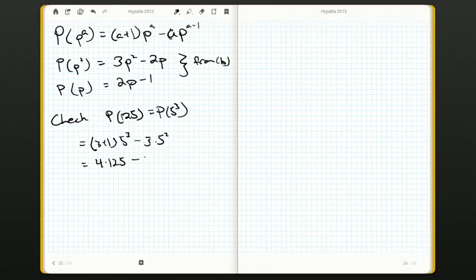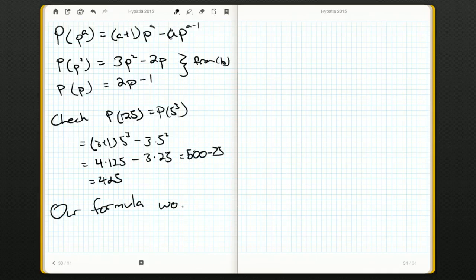Four times 125 minus 3 times 25. Well, that's going to be 500 minus 75. Wouldn't you know it? It's 425. So our formula works.